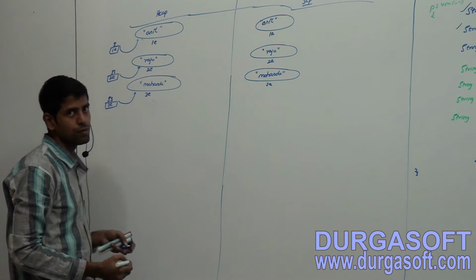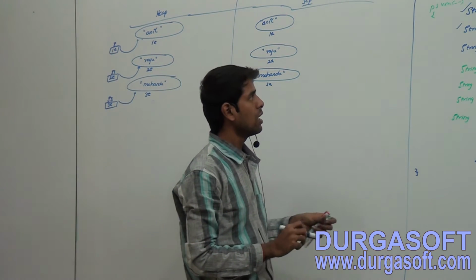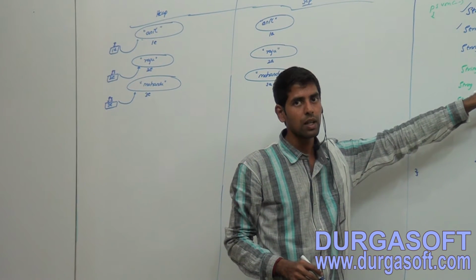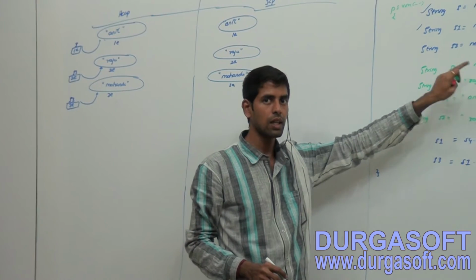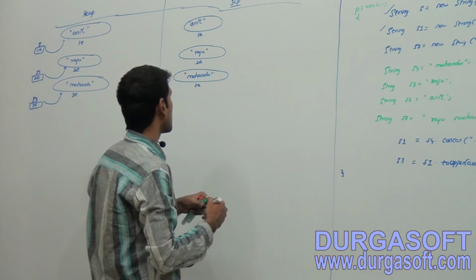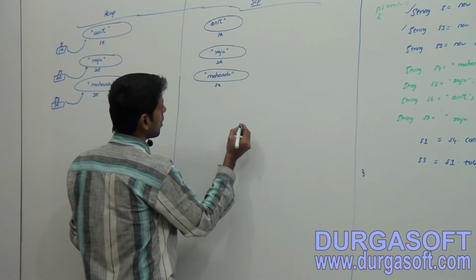Now observe here. What happens because of this statement? An object will get created at which area? At the SCP area, just the literal. Move and do.